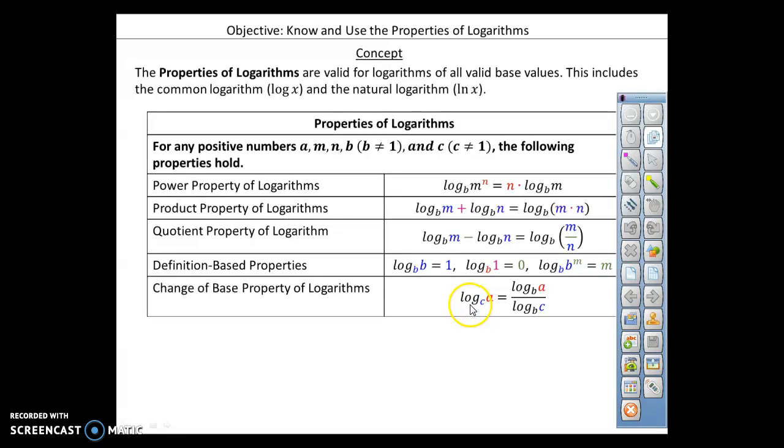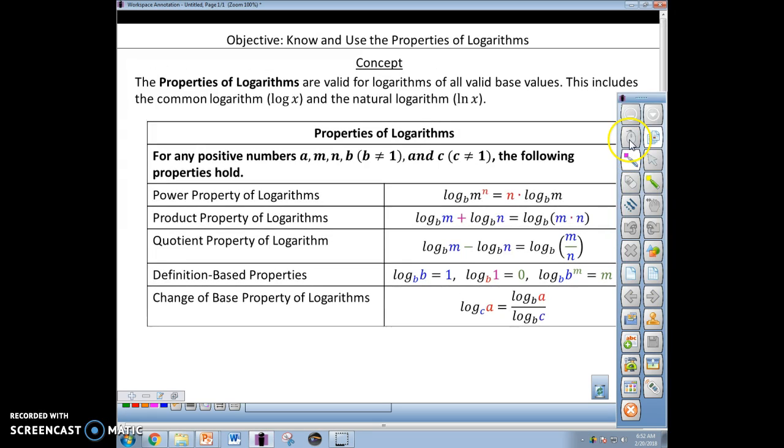There also is a change of base property of logarithms that allows us to take a logarithm of any other base and rewrite it as a quotient of two logarithms of our new base, where the argument of the original logarithm becomes the argument of the numerator logarithm, and the base of the original logarithm becomes the argument of the denominator logarithm.